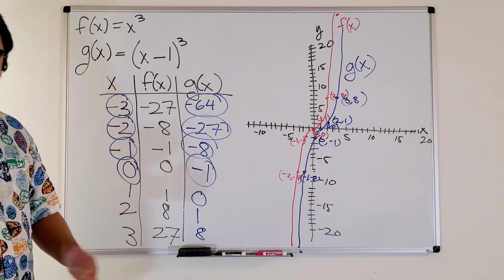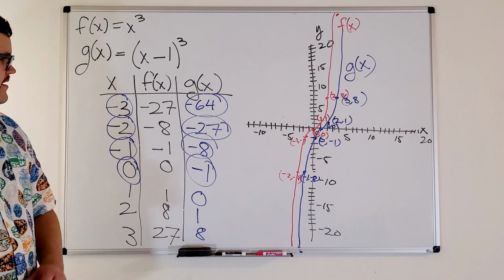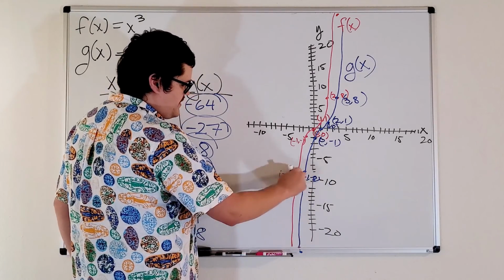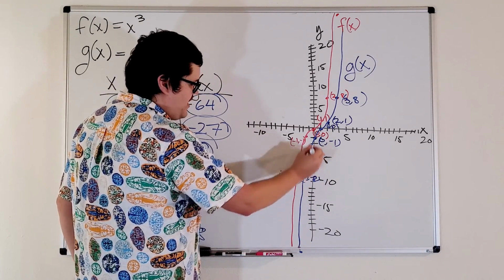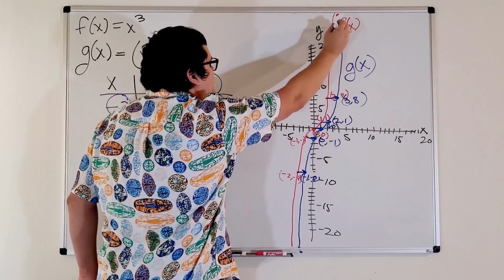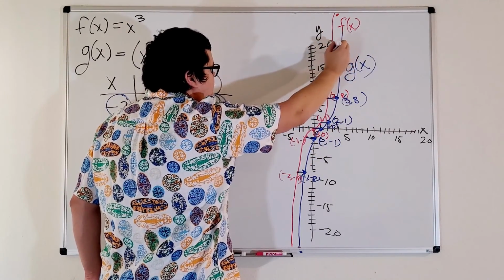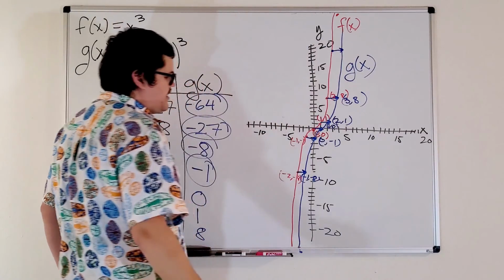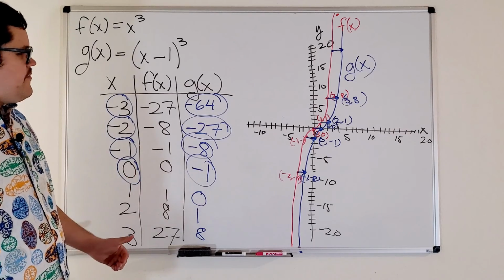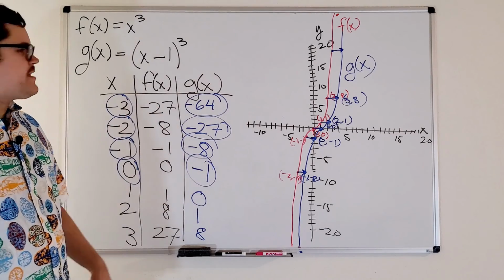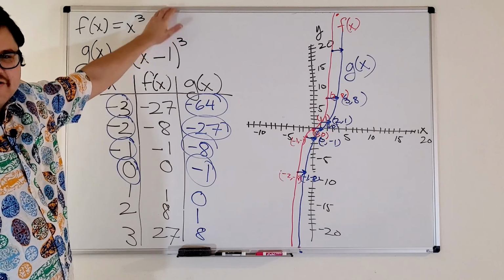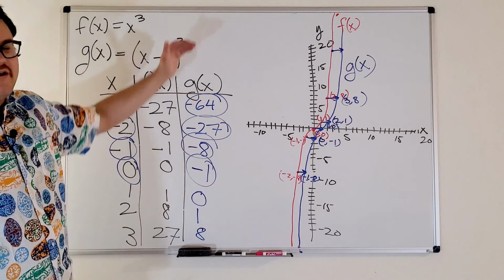Okay, maybe you already guessed the pattern here. Each of these blue points is the corresponding red point shifted right by 1. So whatever point this is, that's this point shifted right by 1. So remember, when we added or subtracted things at the end of the function, that was a vertical translation, up and down.